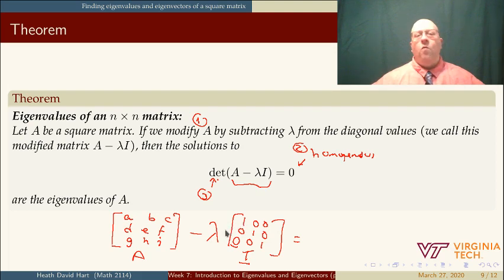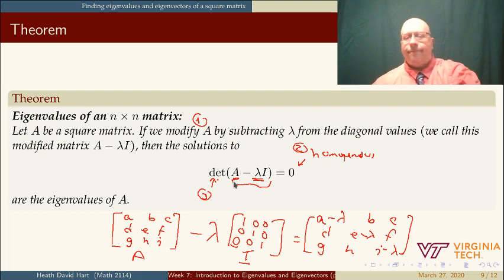When I multiply lambda times I, I just get lambdas in the diagonal positions, and I end up with A minus lambda, B, C, D, E minus lambda, F, G, H, I minus lambda. So anytime you see this notation, it means take the matrix A and subtract lambda from the diagonal. And that's how we get the eigenvalues for the matrix. You ready to try an example? Let's go.